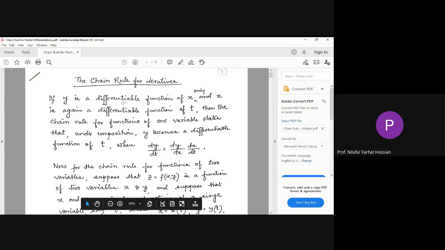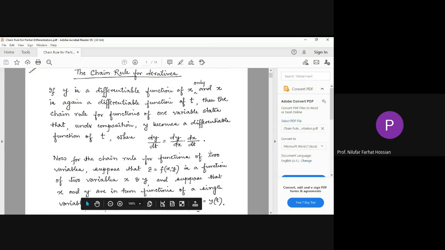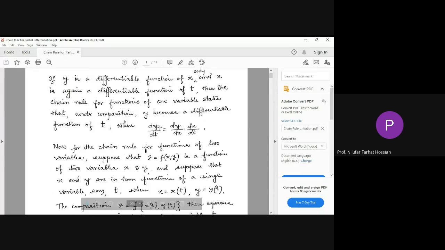So if y is a differentiable function of x only, and x is again a differentiable function of t, then you can perform the ordinary differentiation dy by dt like this. This was our formula in ordinary differentiation: if y is a function of x and x is a function of t, then dy by dt is equal to dy by dx into dx by dt.